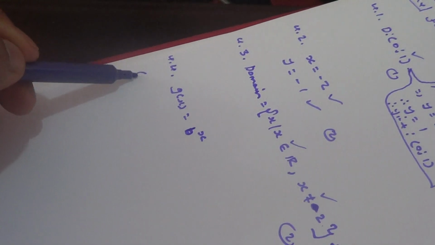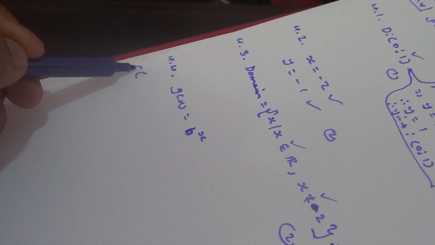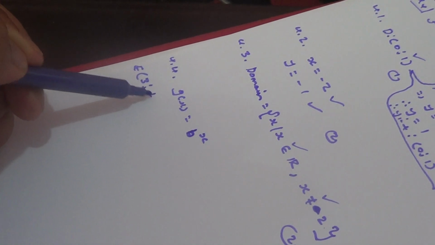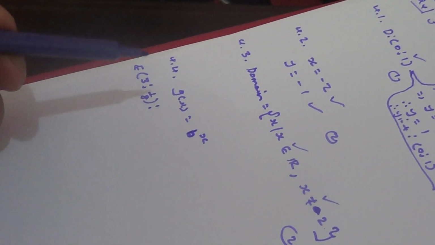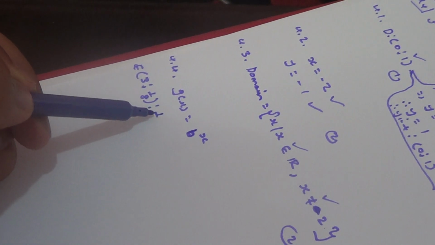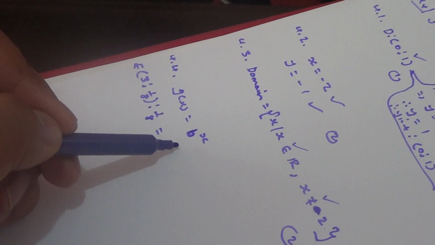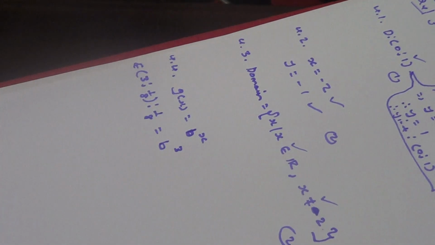So now through this point E, which was given as 3 is to 1 over 8, this will be such that 1 over 8 equals base b to exponent 3.